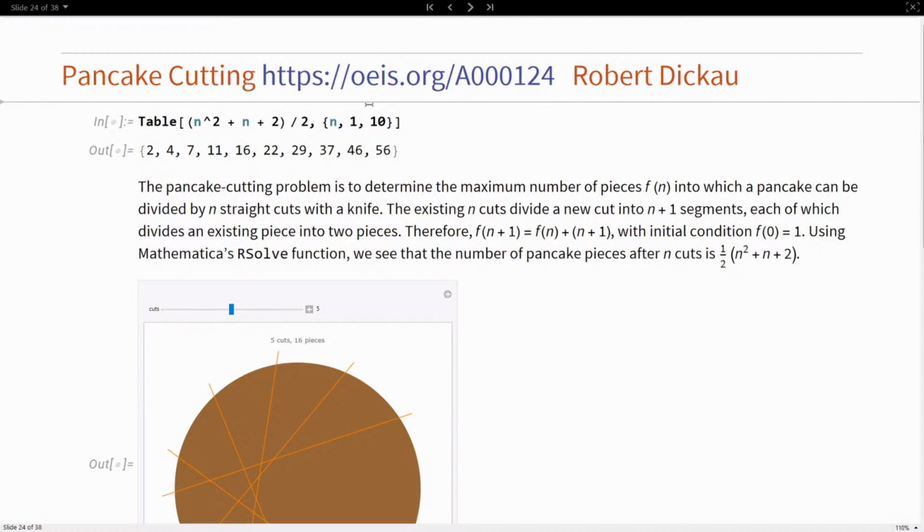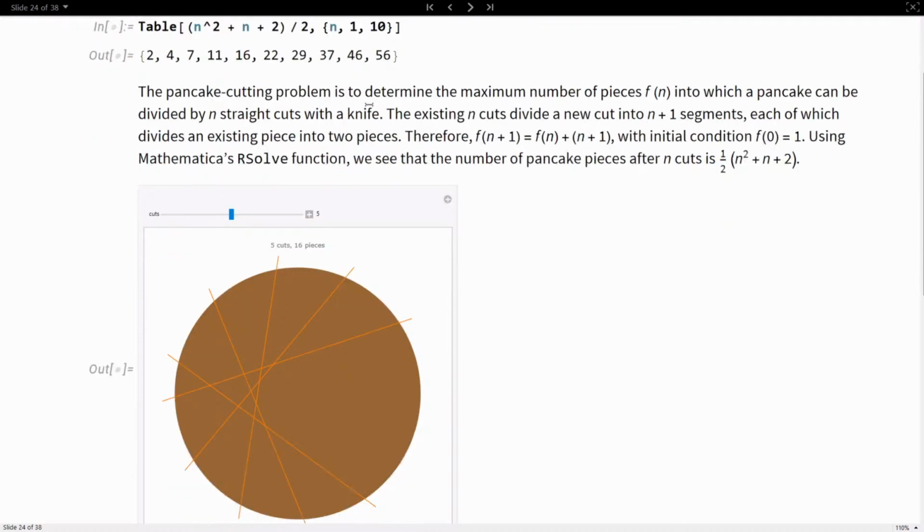A common problem is if you have a cake or pancake or something, what is the maximal number of pieces you can cut it into? It turns out with one cut, that's pretty simple, and with two cuts, that's also simple. It starts getting more complicated with three cuts. The maximal number of pieces you can get is 7.